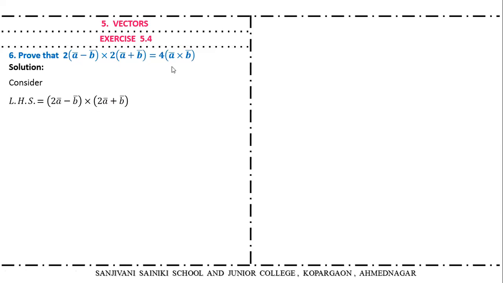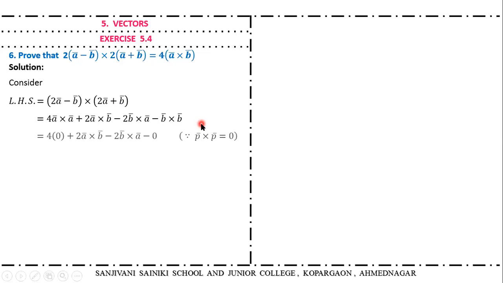You will get 2a bar cross 2a bar, which is 4 a bar cross a bar; 2a bar cross b bar, which is 2 a bar cross b bar; minus b bar cross 2a bar, which is minus 2 b bar cross a bar; and minus b bar cross b bar.